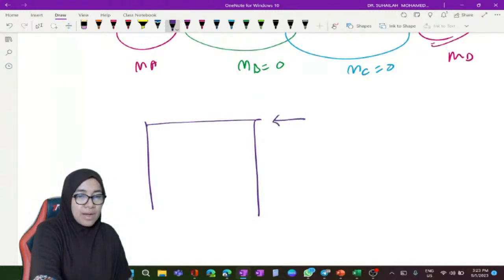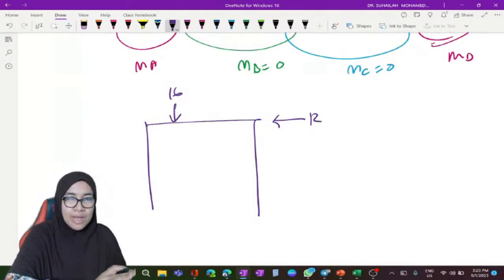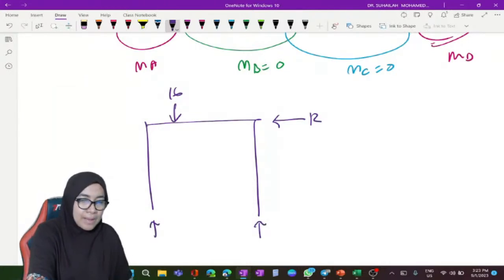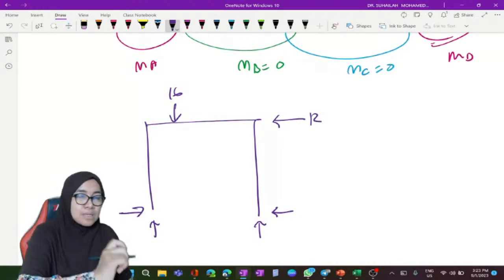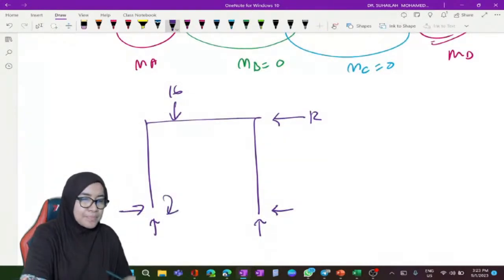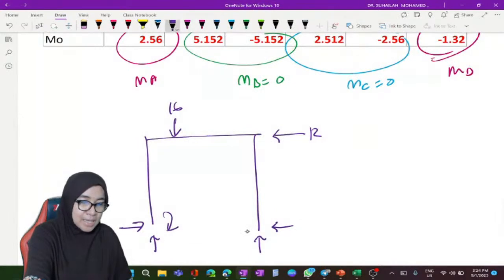So we have R here, we have 16 like this. Now we have to complete this with the free body diagram. The moment, we get positive for MA and we get negative for MD.